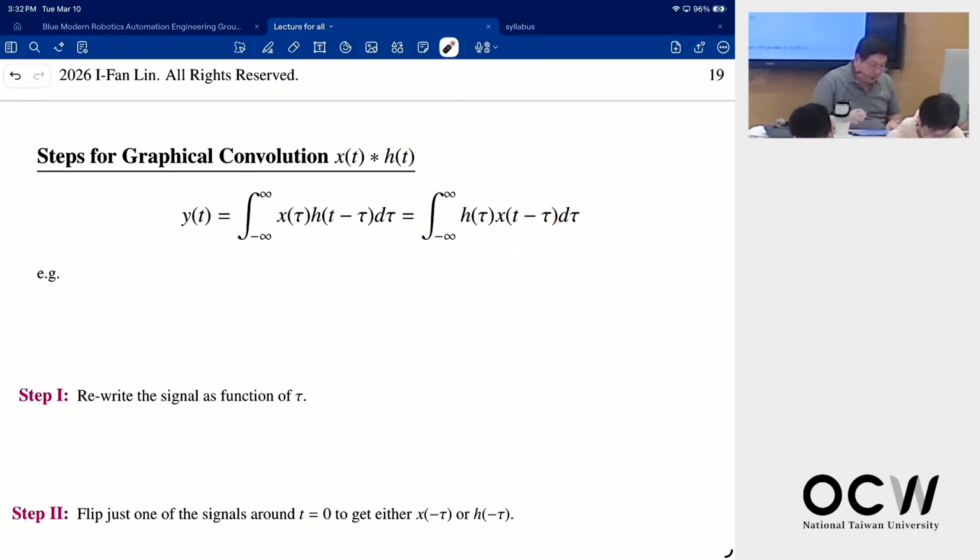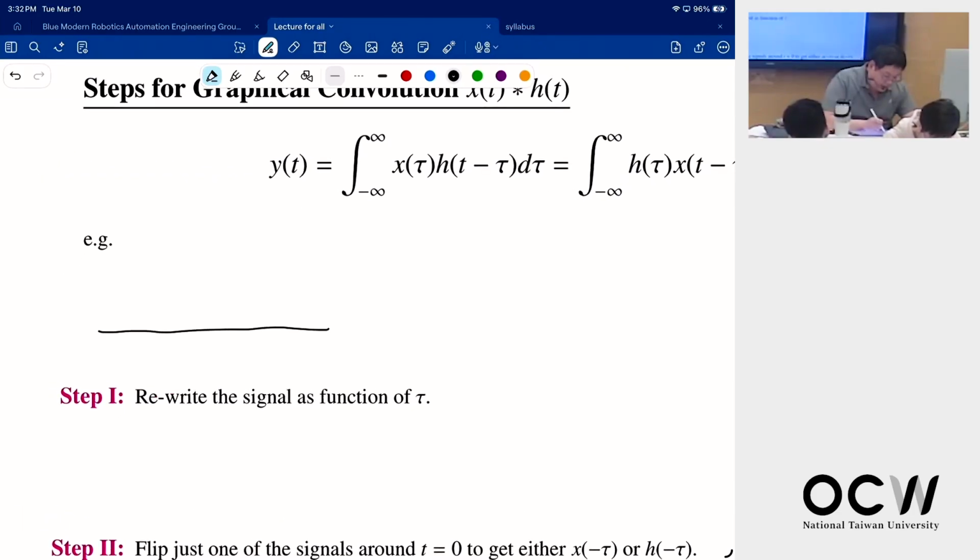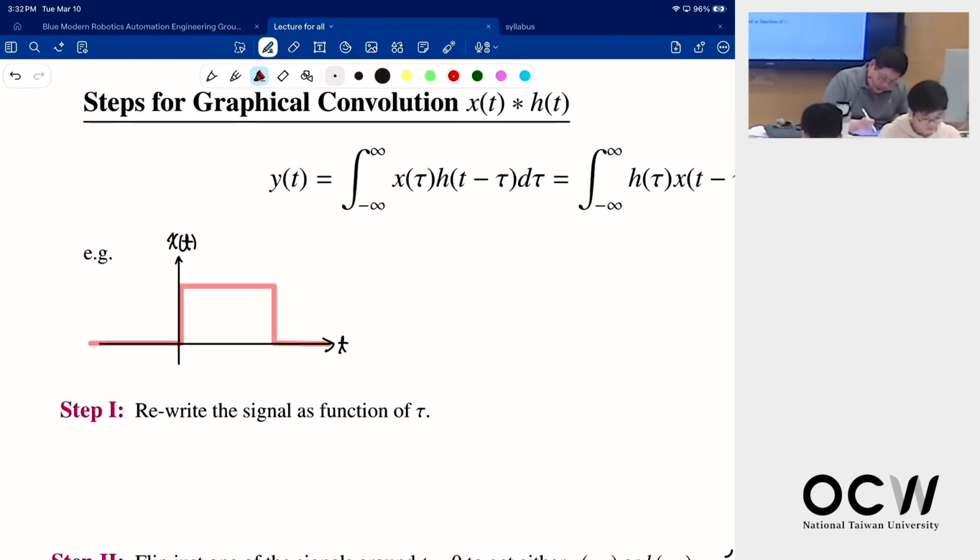For example, if I have two signals, two rectangular pulses. Okay, here's x, from 0 to 2, and the magnitude is 2.